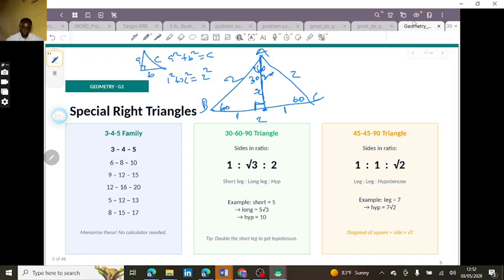If 1 squared plus s squared equals 2 squared, what is s? I just want you to work it out. Leave it as a root.